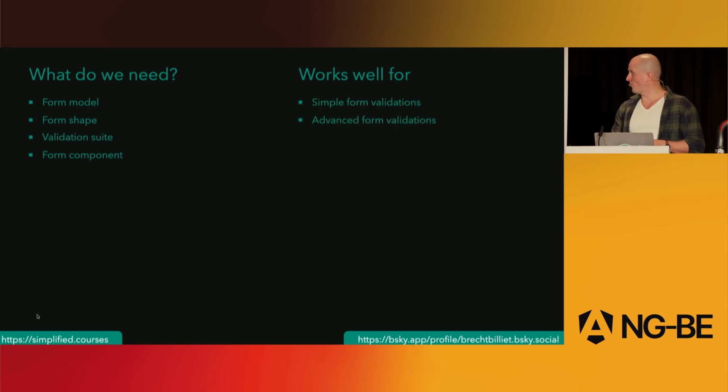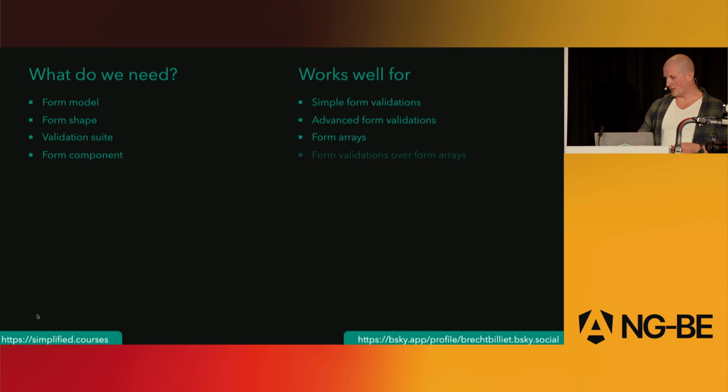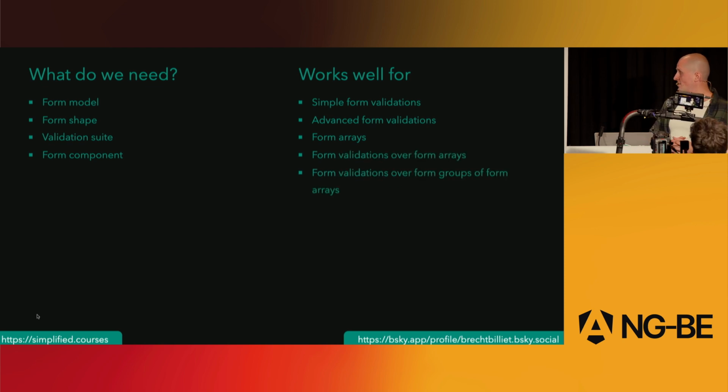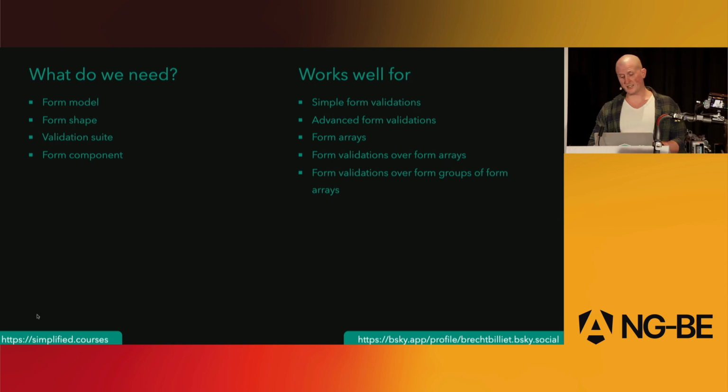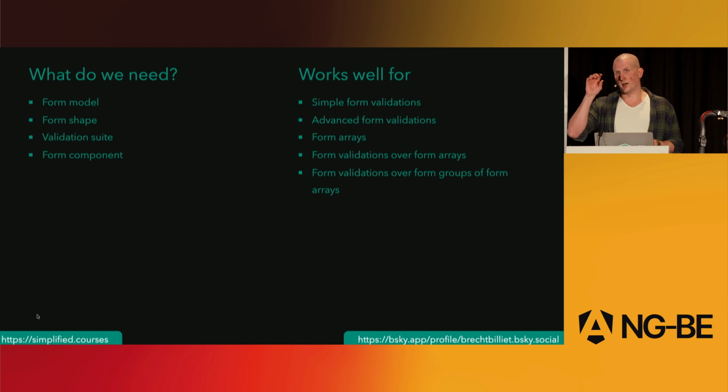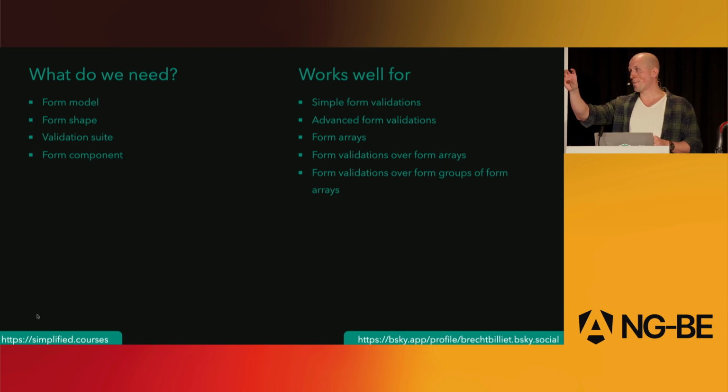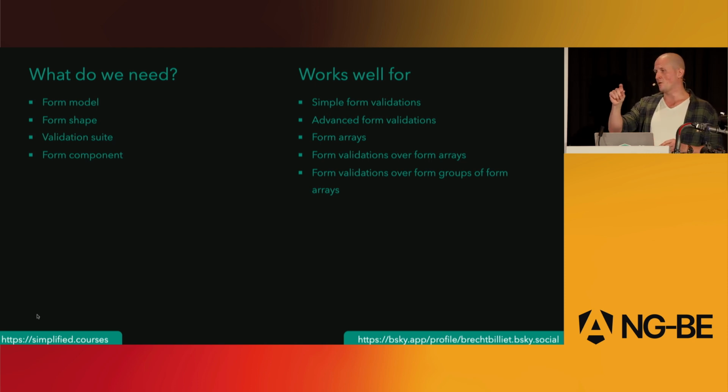So it works well for simple forms, but also advanced forms, form arrays, form validation over form arrays, and form validation over form groups of form arrays. So let's say that you have a form array with a from time and a to time. So you have multiple rows, and you could basically validate if the from time from the second row is not before the to time of the first row. These kinds of validations over different types of form groups and form controls work really well.